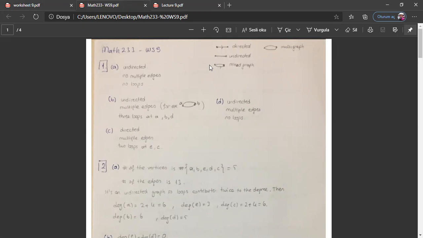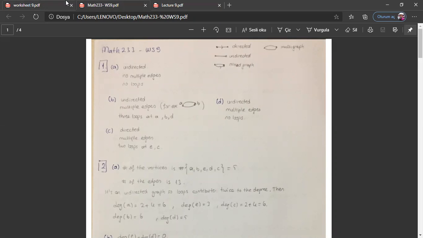And if from a vertex to another vertex there is more than one edge, we say it's a multigraph. And if from a vertex to another there are both directed and undirected edges, we say it's a mixed graph.